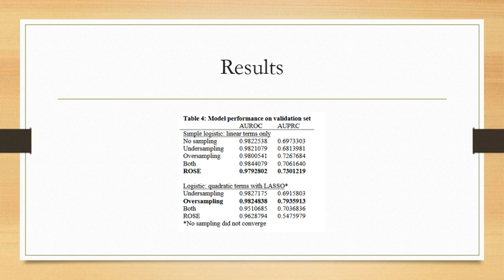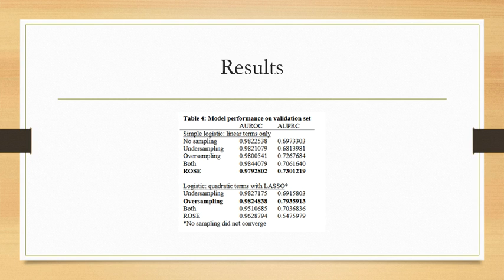When you look at the logistic regression with quadratic terms and lasso, we understand that oversampling actually works better than undersampling, hybrid and ROSE.